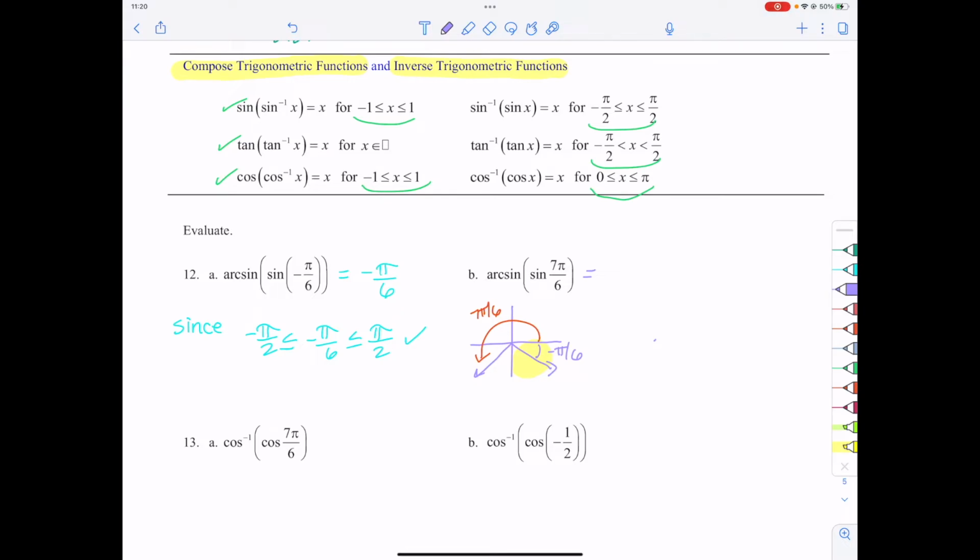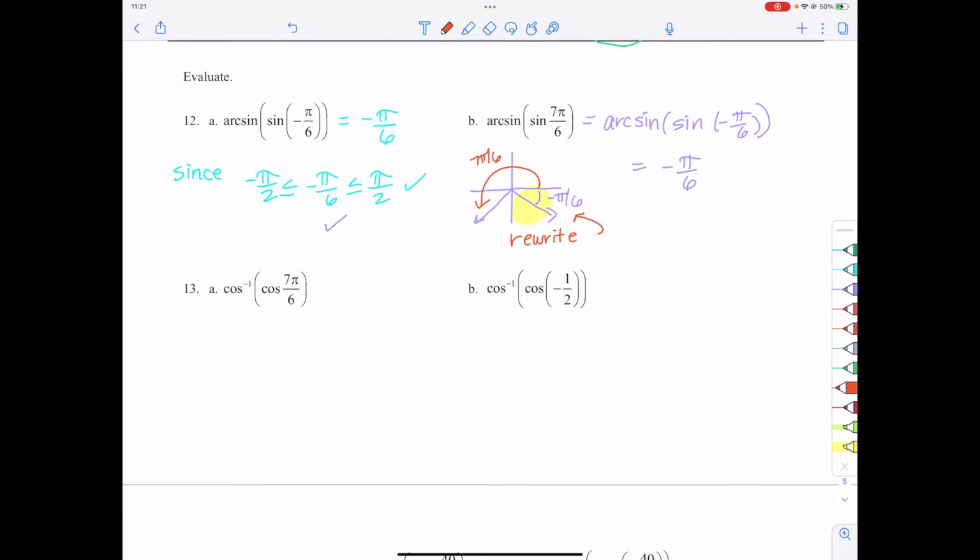So now we would have the arc sine of the sine of -pi/6. Since -pi/6 is between -pi/2 and pi/2, we can now say that this is equal to -pi/6. So we may have to rewrite that angle, okay?